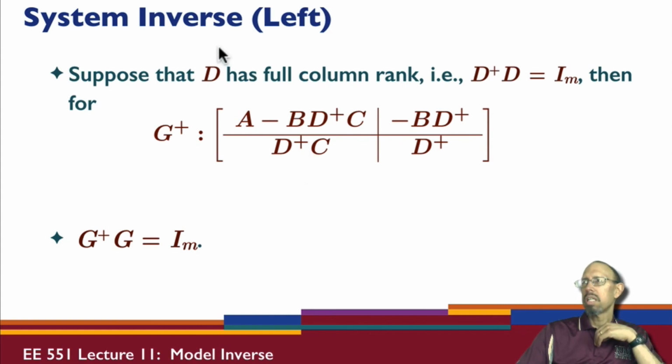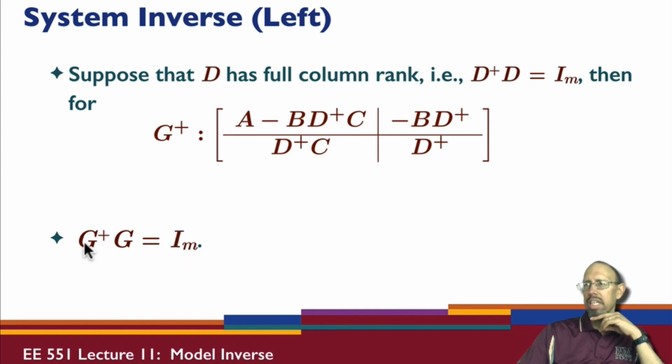The system left inverse. Suppose that D has full column rank, that is, that D pseudo-inverse D is an identity. Then for G pseudo-inverse, defined this way, we can show that G pseudo-inverse times G is the identity matrix.